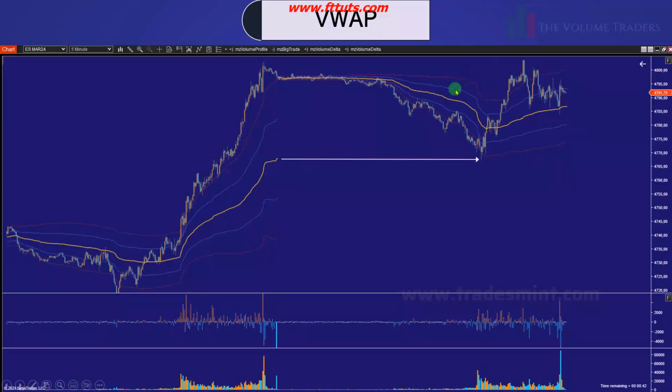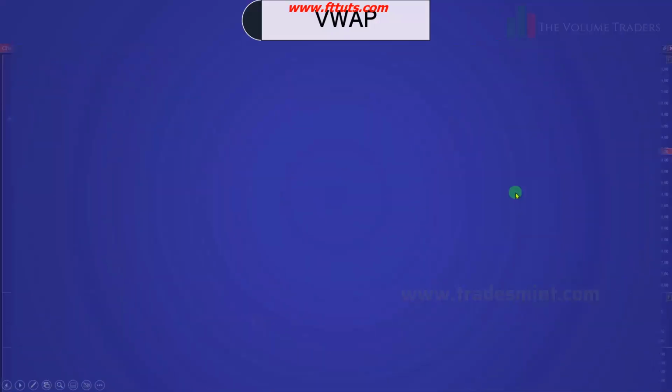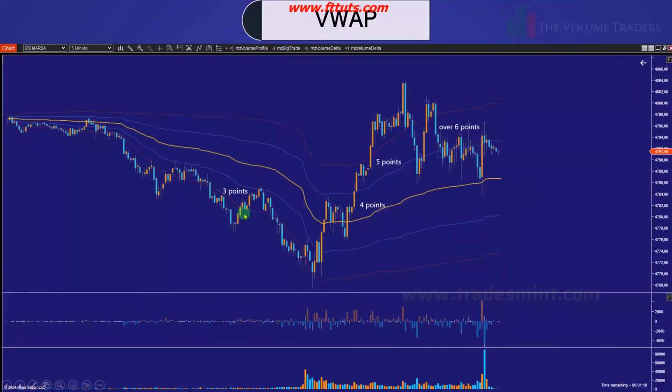Let's zoom into this part only, and you can see here, the pre-market had just a 3 point range, and then later on it was 4 points, 5 points, and almost at the end of the session, the very late New York, it was 6 points.